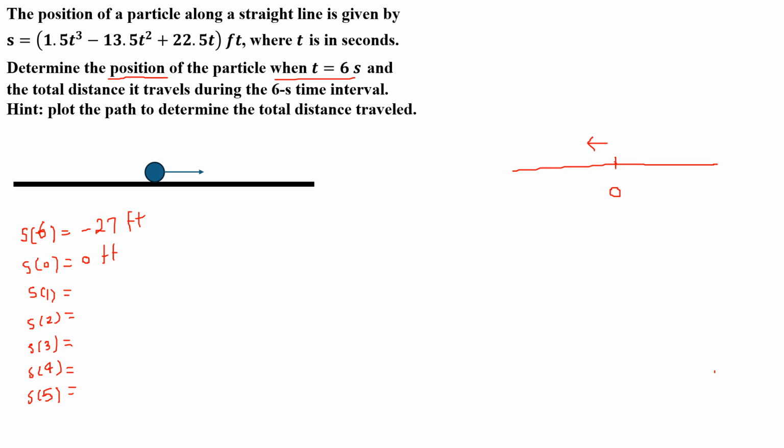At 1, if I replace t by 1, I get 10.5 feet. At 2, I got 3 feet. At 3 seconds, I got negative 13.5 feet. At 4 seconds, I got negative 30 feet. And at 5 seconds, I got negative 37.5 feet. And at 6, you already got that number.